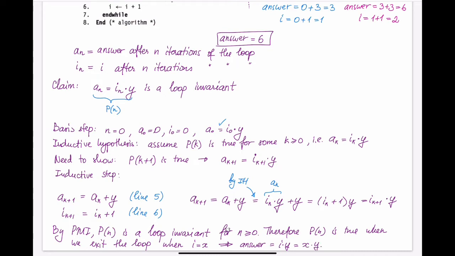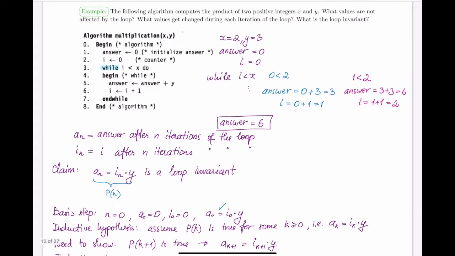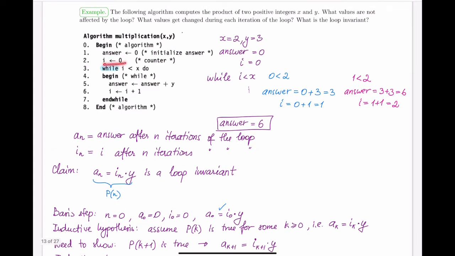And we're done here. One other thing to notice is I have not specifically talked about the fact that this algorithm will terminate. But that is fairly clear based on the structure. I am starting with I equals 0 and some finite number x. In every iteration of the while loop, I am incrementing I by 1.